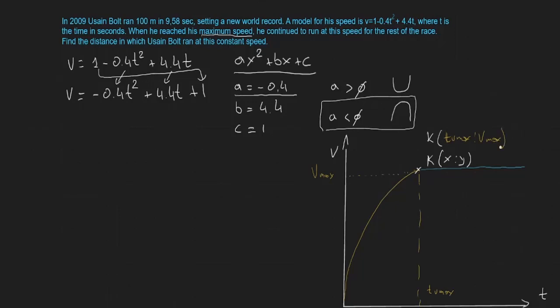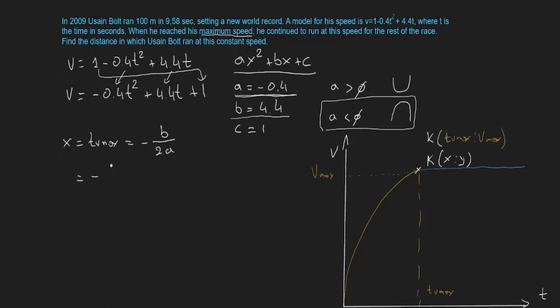From math, we know that the x coordinate of the vertex, in our case T Vmax, is equal to minus b over 2a. We have a, we have b. So we do the math.